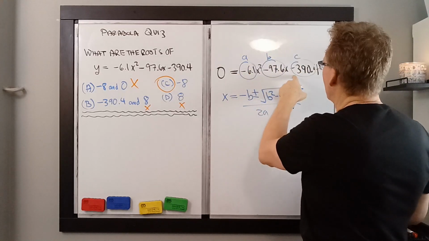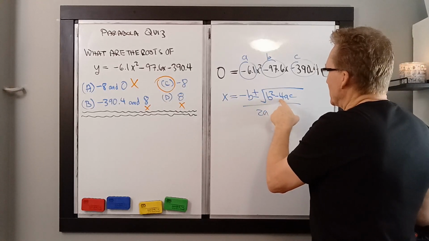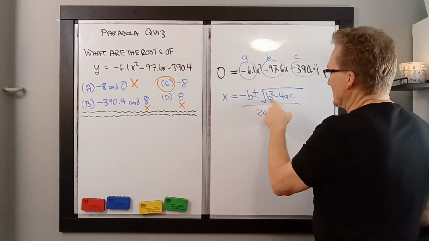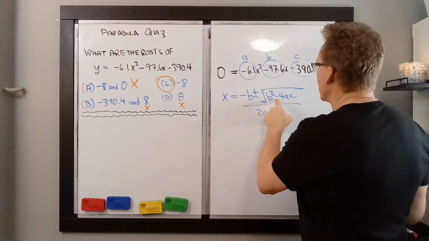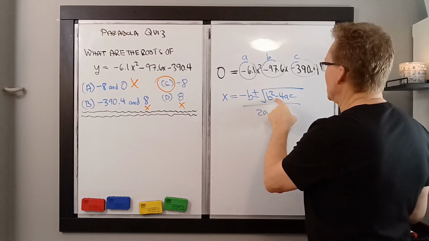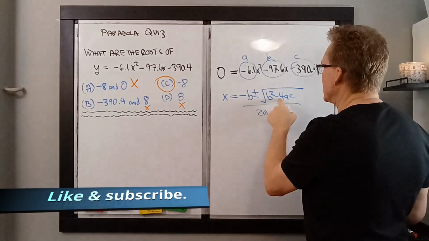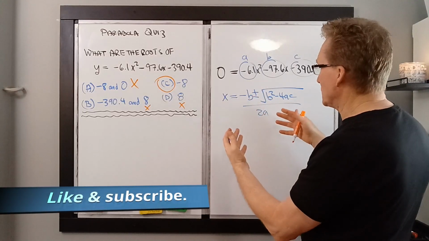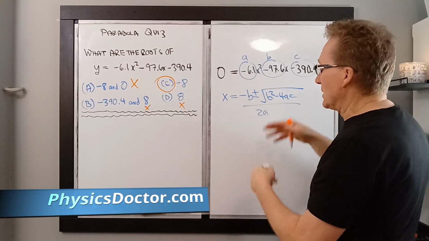This is c, don't forget they all have minus signs. What you'd want to do is first plug in the stuff in here. This is called the discriminant. And you'll want to see, because if this is negative, then it has no solutions. I think we know it has one solution, so this is probably going to be 0 in this case. So you want to do this first, and then you take this and add the plus and the minus and divide by this. You should get 2 solutions. Or if this is 0, then you'll get 1 solution. If this is a negative number, you get no solutions.